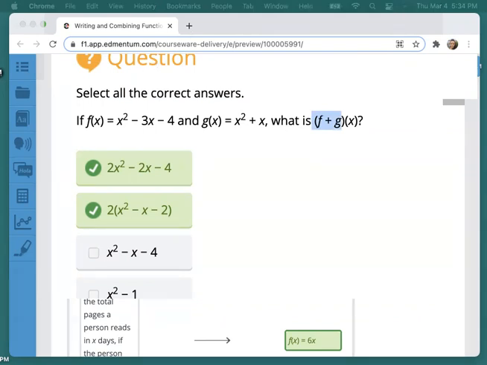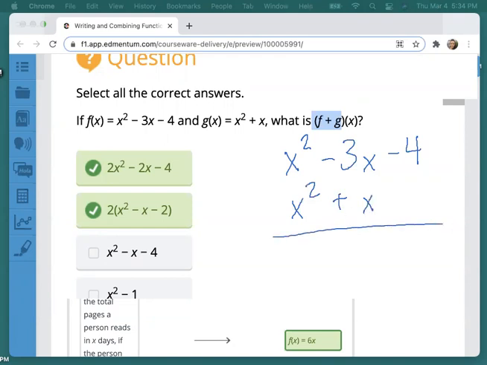And if we look at these answers here, I'm going to write this out for you. F of x is x squared minus 3x minus 4. G of x is x squared plus x. So if I add these, minus 4, negative 3 plus 1 is negative 2x, and then x squared plus x squared is 2x squared.